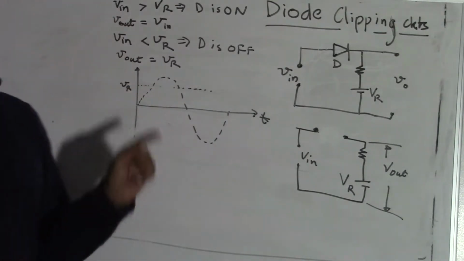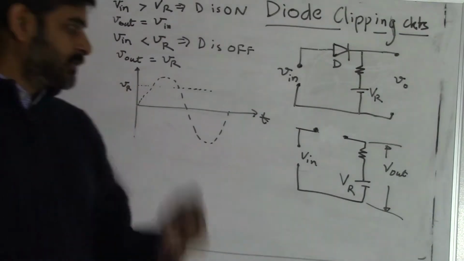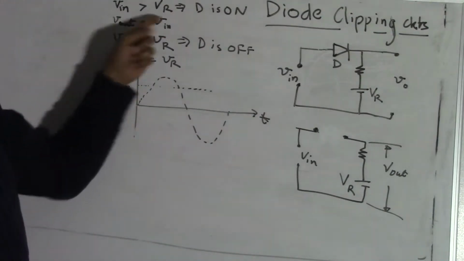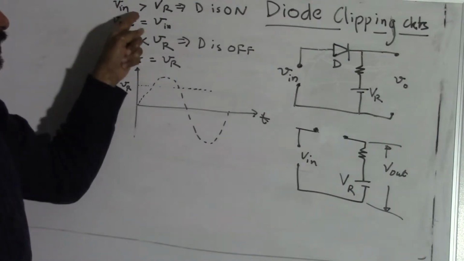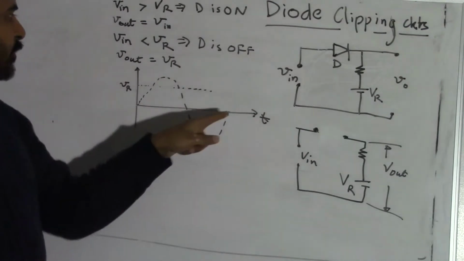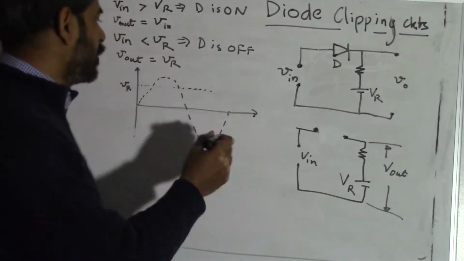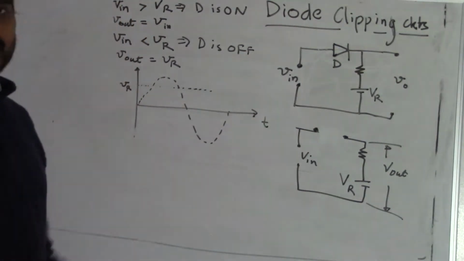This voltage is such that at some point of time, it becomes more than VR. Now we apply these conditions. This is time, and this dotted graph shows the V in.